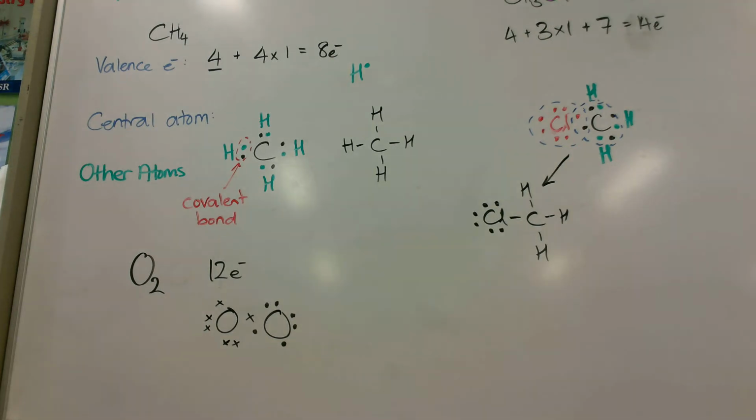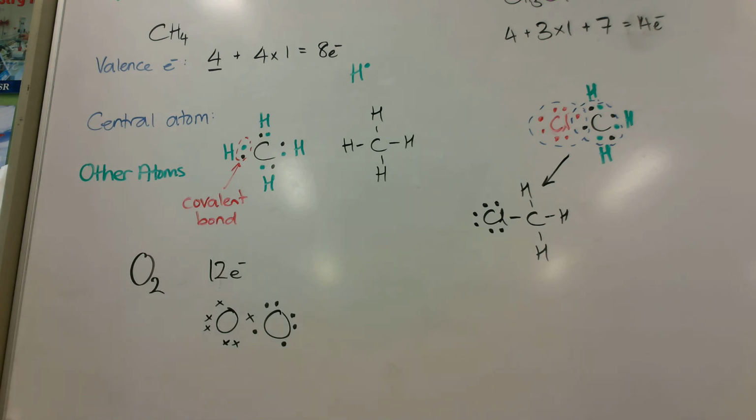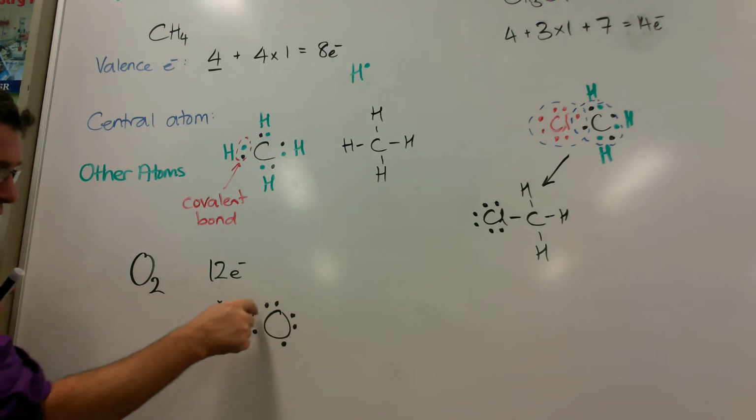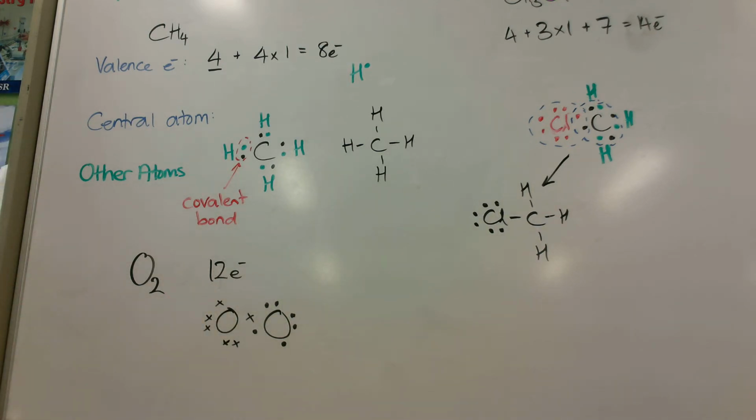What's wrong with this from what we just said about the octet rule? Okay, so 1, 2, 3, 4, 5, 6, 7 around that one, and 1, 2, 3, 4, 5, 6, 7 around that one. Right, that's a bit of a problem. So, does anyone have any ideas on how we might fix that?